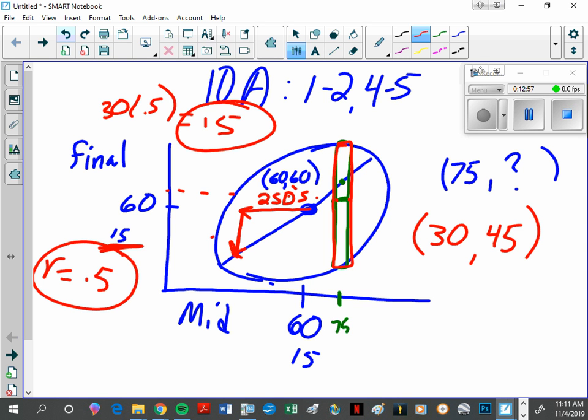But do we expect this to be very accurate? No, because this is very, very egg-shaped and the scores are all over the place. But of all the students who score 30, the average on the final should be about 45 for all of those kids. Okay, what about 60?